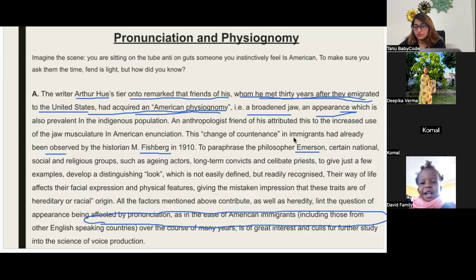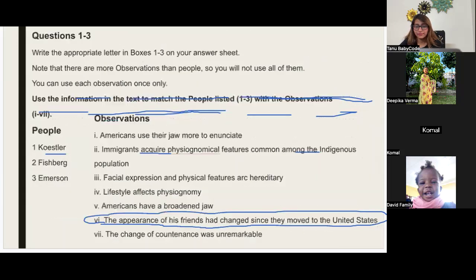This change of countenance in immigrants had already been observed by the historian M. Fischerberg in 1910. To paraphrase the philosopher Emerson, certain national, social, and religious groups such as aging factors, long-term convicts. So now this talks about Emerson more. Fischerberg is ended here. So let's see.